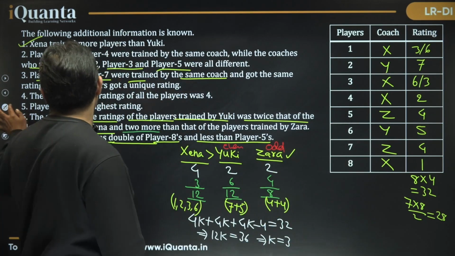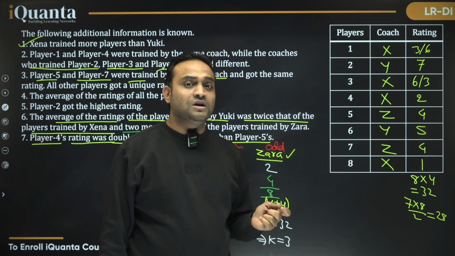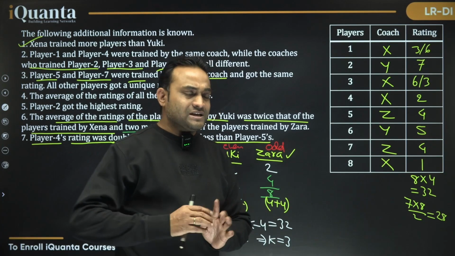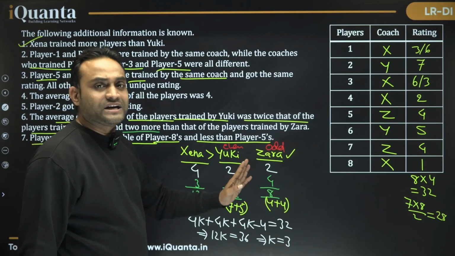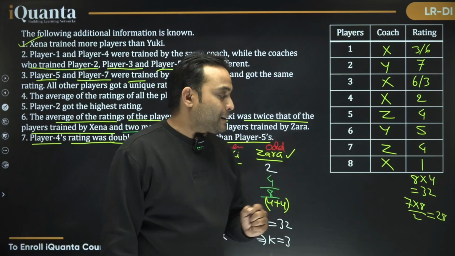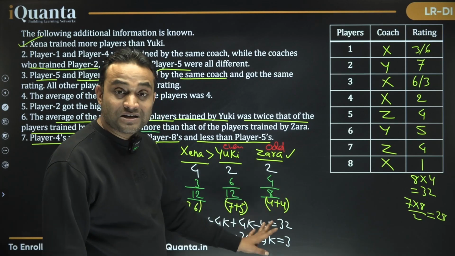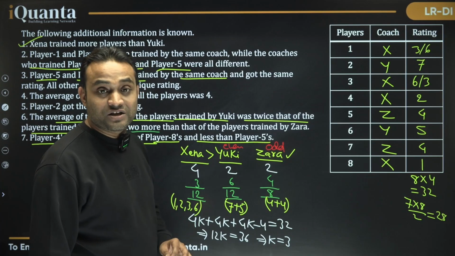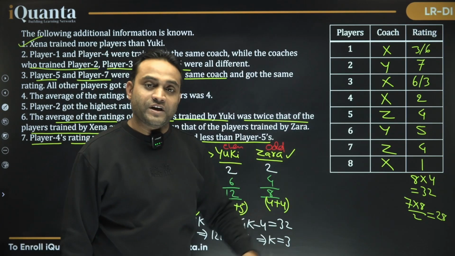So as you can see, there are multiple fronts that you need to work on to solve this set, but those are not complicated. Very small things, very small concepts. First, finding how can you get 8 when at least 2 is given, okay? And what is the use of average here to find the number of players coached by each of these 3 coaches, and then it becomes very easy.